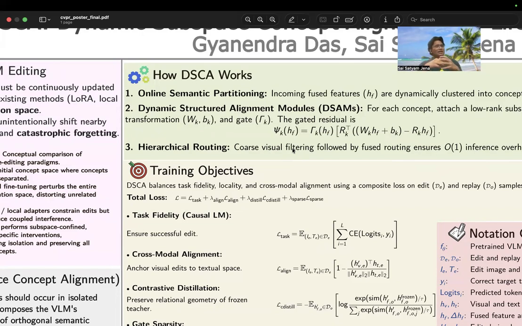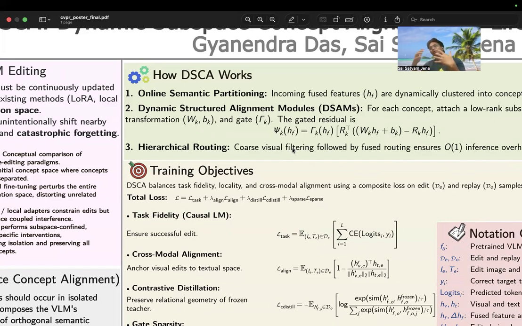Essentially, our intuition was: for a single type of task which we want the model to learn, we call it an edit. We have n examples of that, and we pass them through the model. During inference, we will have different values of these internal fused representations. Then we form clusters of those fused representations.